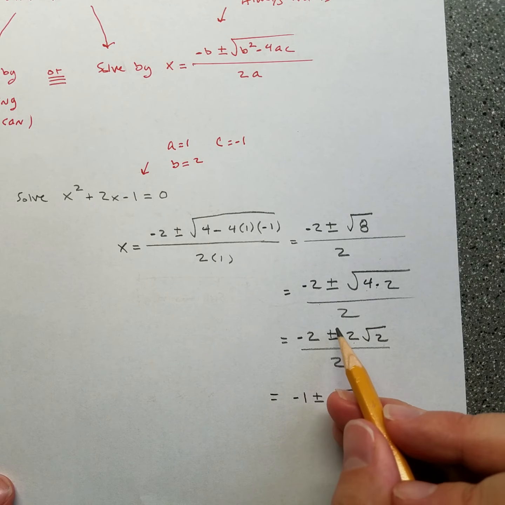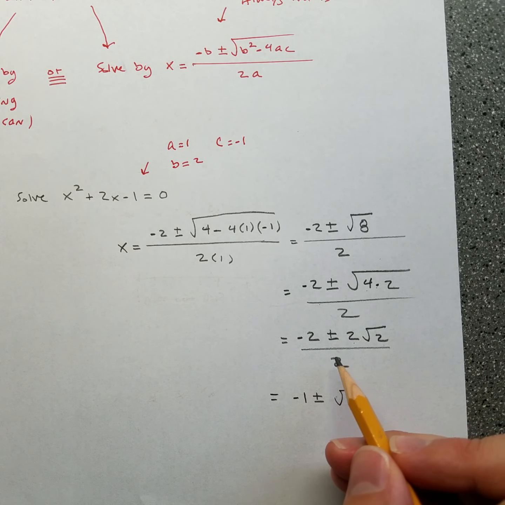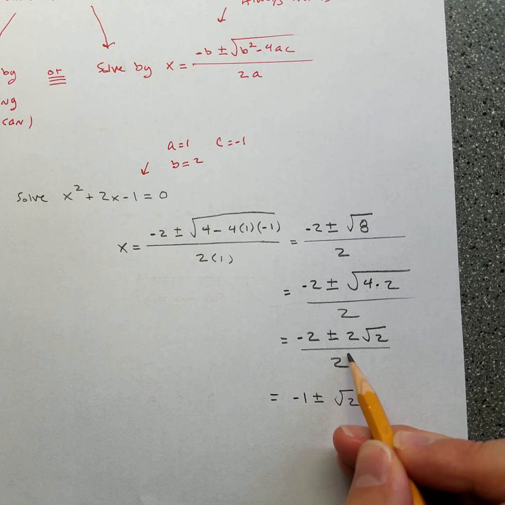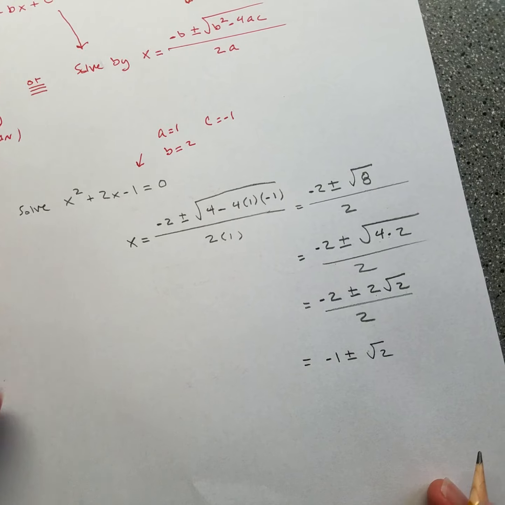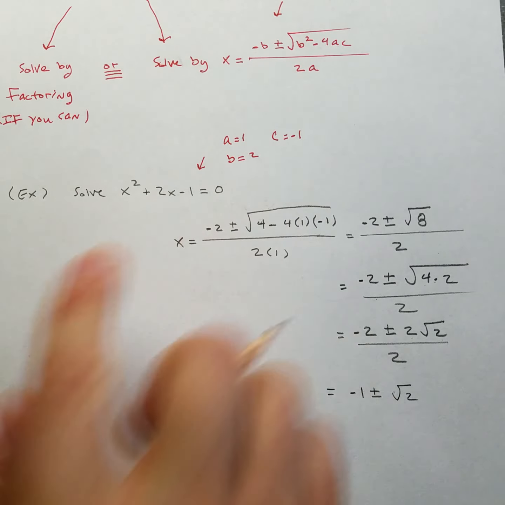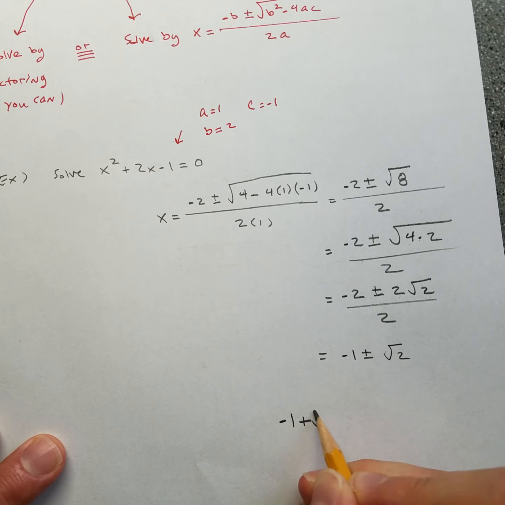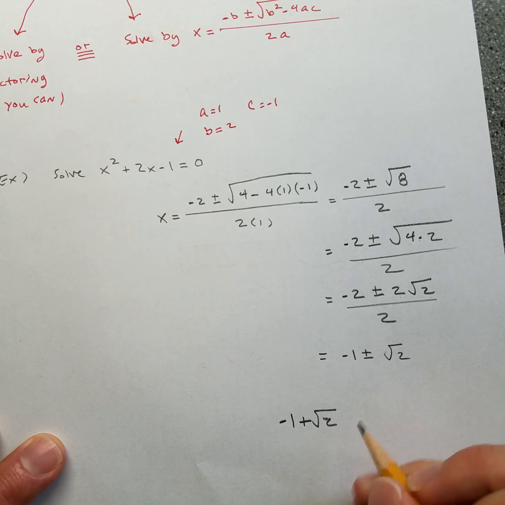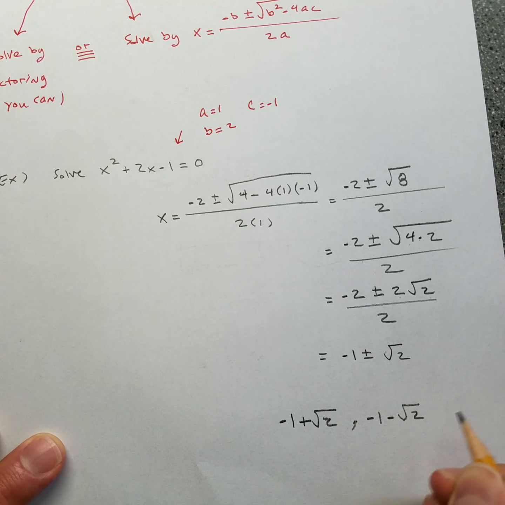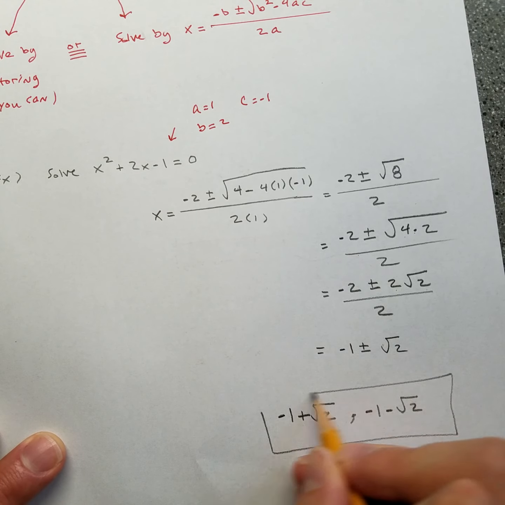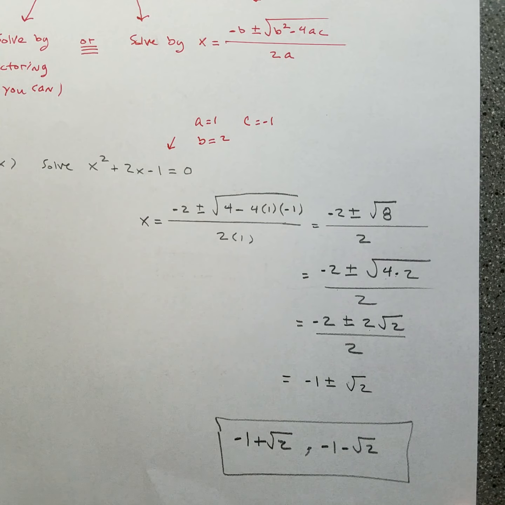So in the case that we got a plus or a minus, both terms get divided by that. So what are your answers to this? I get 2 of them. I get negative 1 plus root 2. And what's the other answer? Negative 1 minus root 2. Okay? All right, so for that, all by itself, those are the answers.